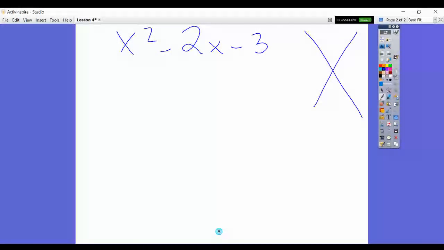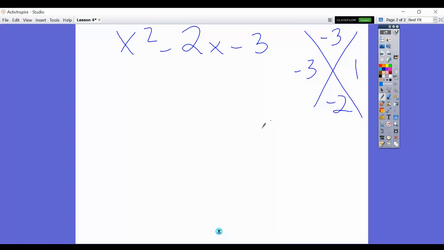So if you recall diamond factoring, in this case, I am looking for two numbers that multiply to give me -3. They also are going to add to give me a -2. So that means I would have to do -3 and a +1 because, in fact, when I multiply those two things, I'm going to get -3. When I add those two things, I'm going to get -2.